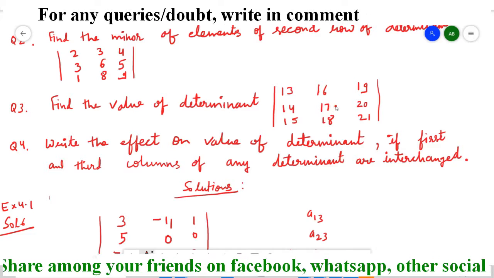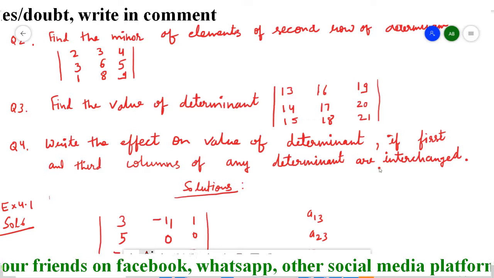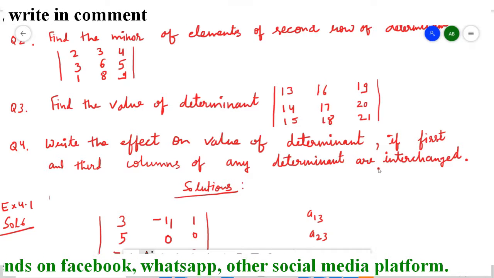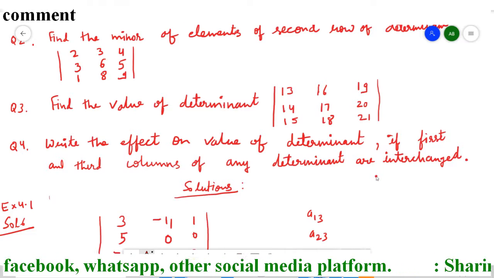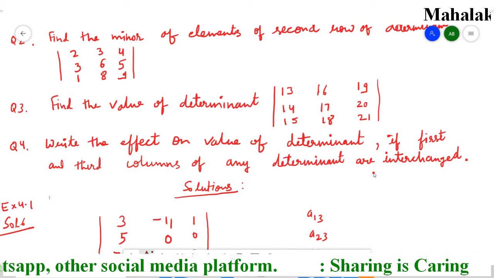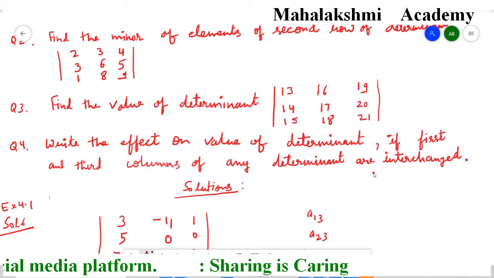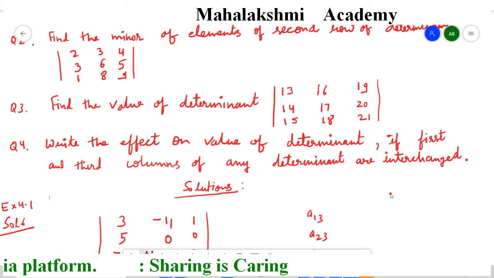Suppose here you get plus 10, then after interchanging when you calculate it again it is going to be minus 10. So whatever the determinant value is, that sign will change. If you are getting positive, then next time after interchanging you will get it in negative form. So only the sign will change because of this.